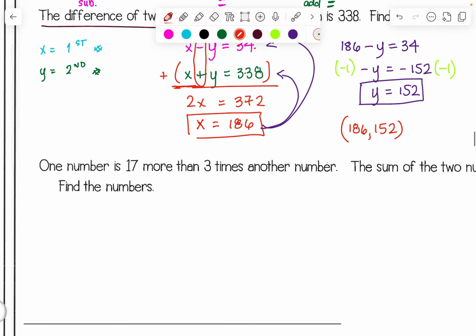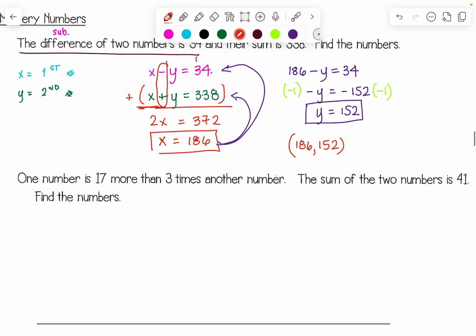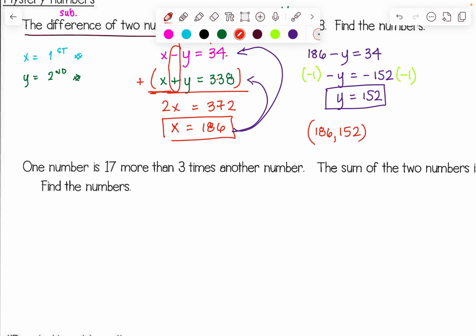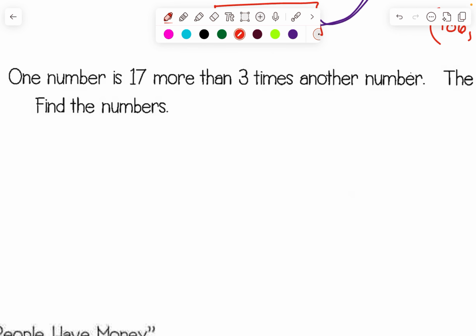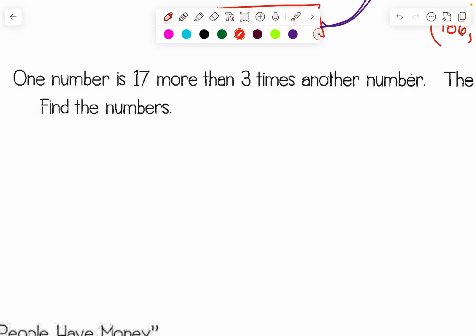Take it one sentence at a time. One number is 17 more than 3 times another number, and then the sum of those two numbers is 41. We need to find those numbers. Once again, let's take it one sentence at a time. So one number is going to be 17 more than 3 times another number. Well, I'm going to again use x, and I'm going to use y.